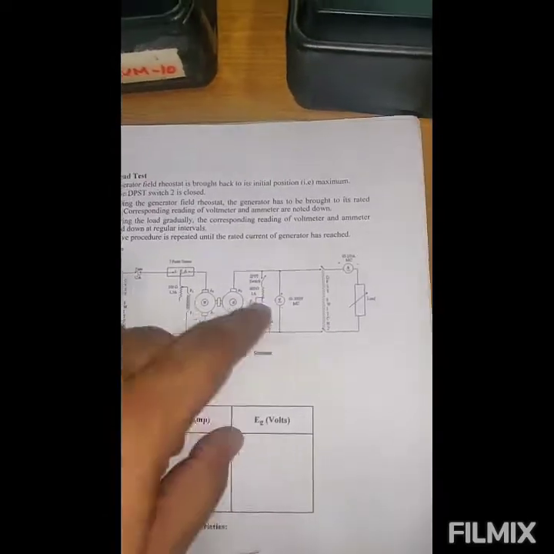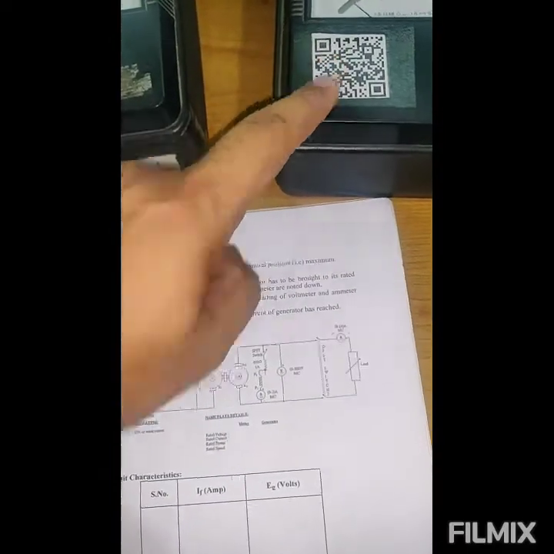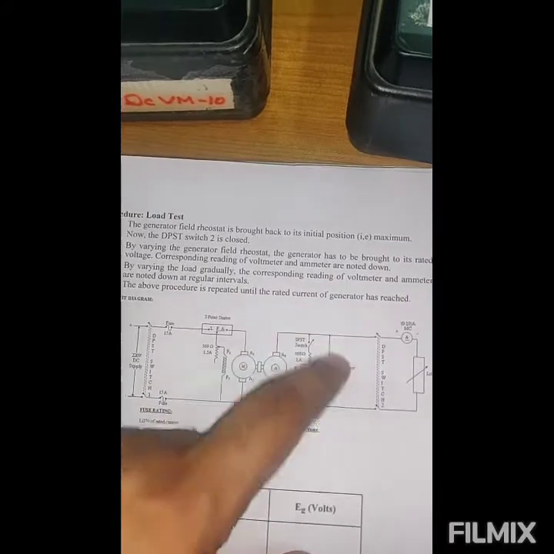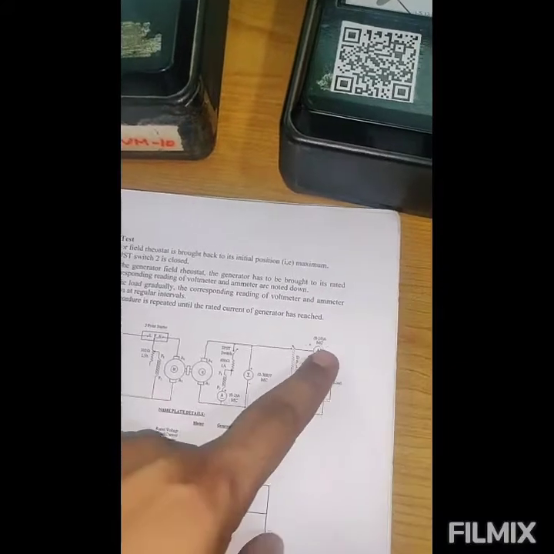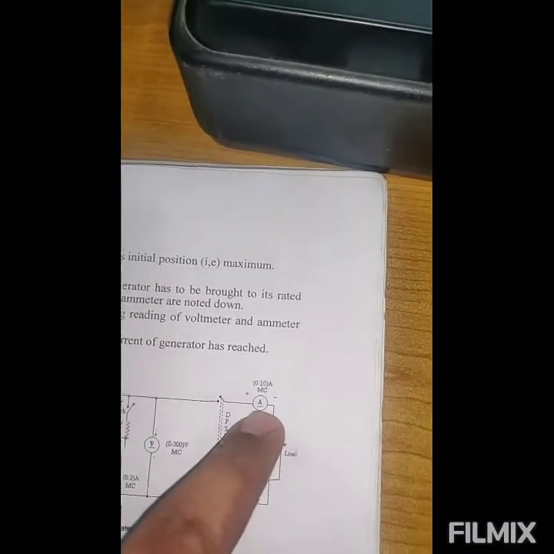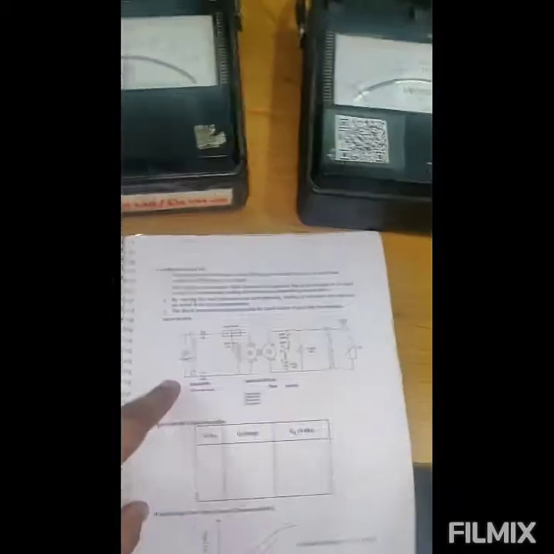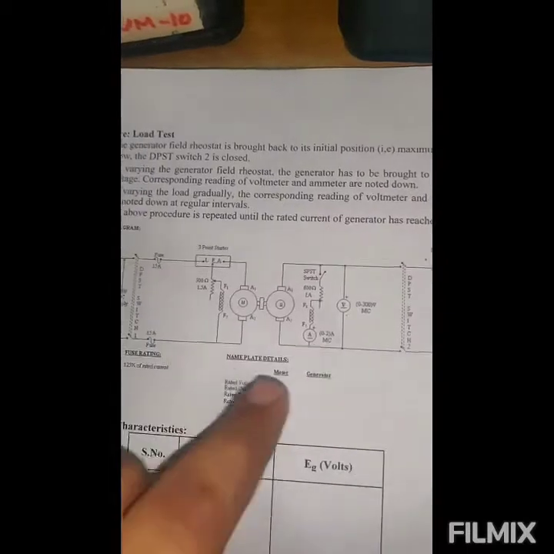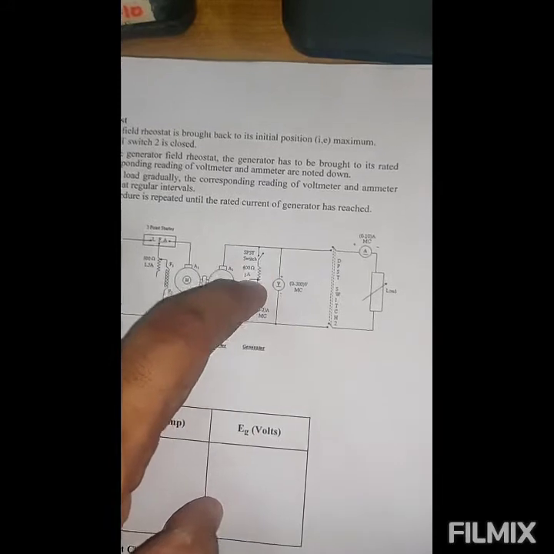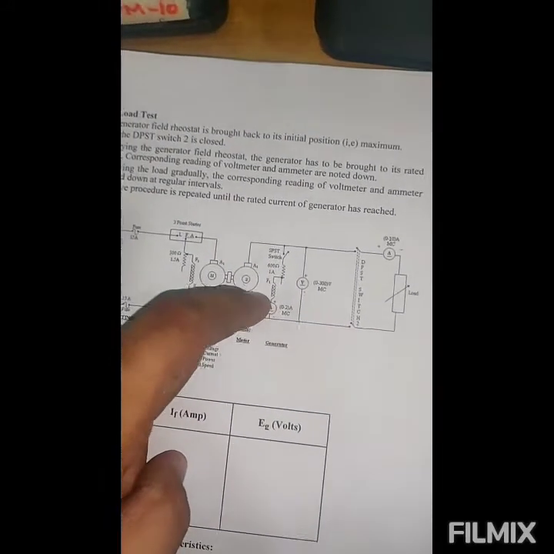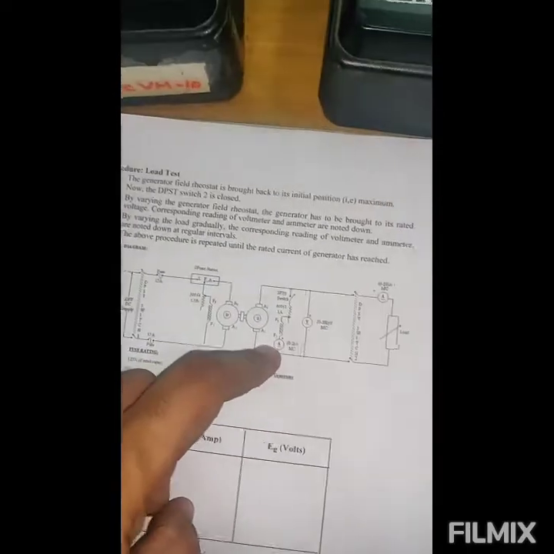As you can see in this diagram, this ammeter is that ammeter, right? The voltage after the generator will be measured by that voltmeter, and this ammeter is that ammeter. So we are using 2 ammeters and 1 voltmeter. Now when you increase or decrease the voltage of this one, as you can see in the circuit diagram, the voltage across this rheostat will increase, and the current will also increase.